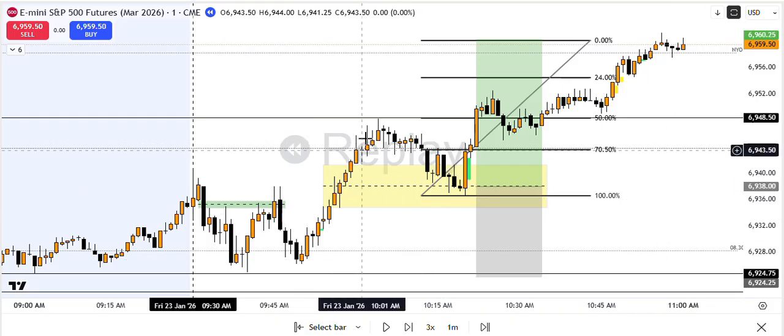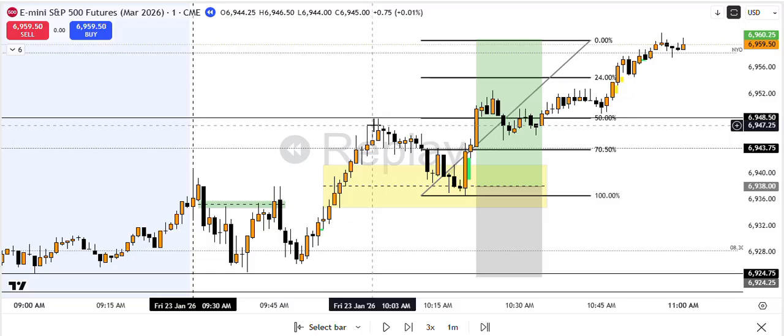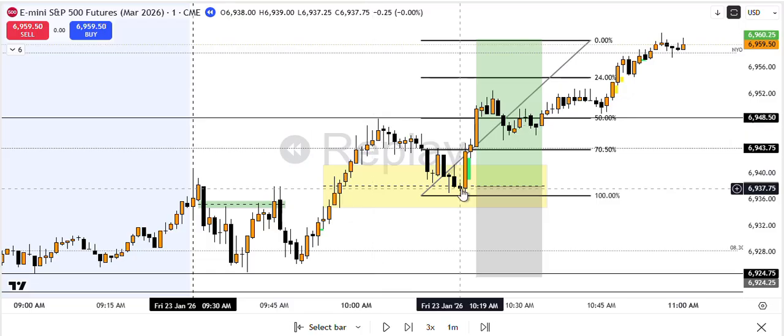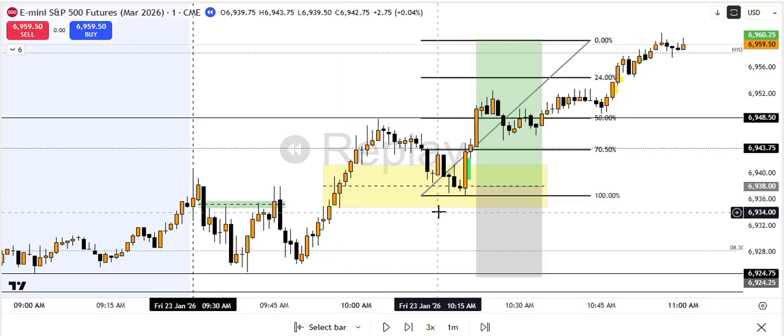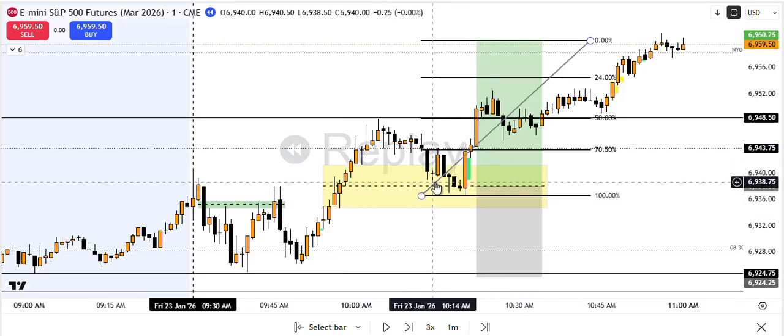So that's direction, which we get first 30, 45 minutes ish. Retracement into a fair value gap that overlaps with a fib. And then you look for your entry. Any entry method is good.